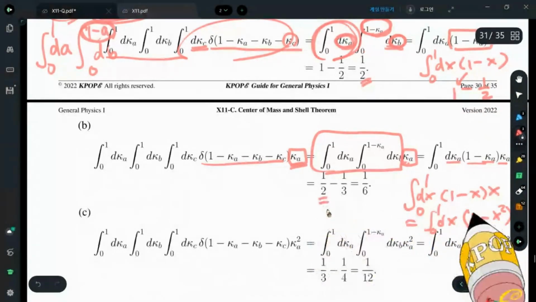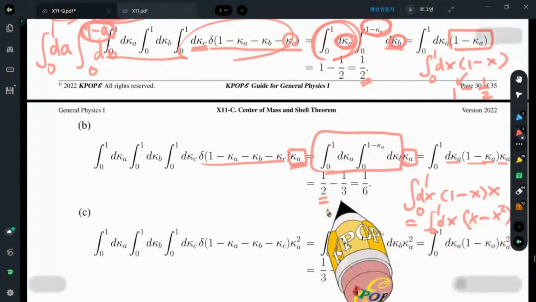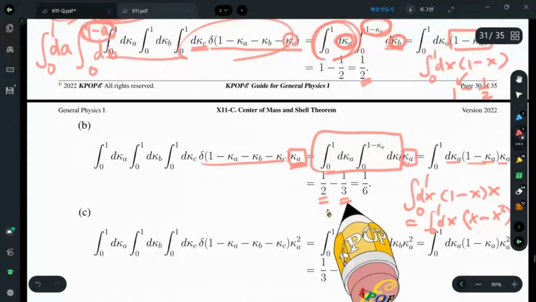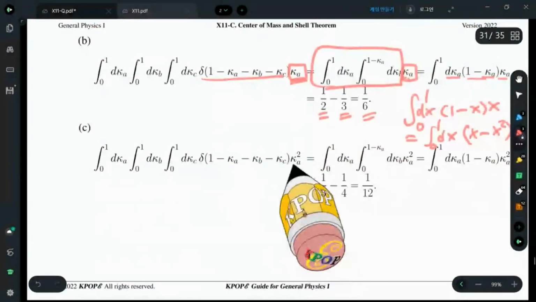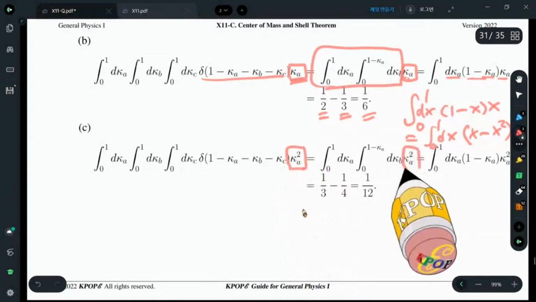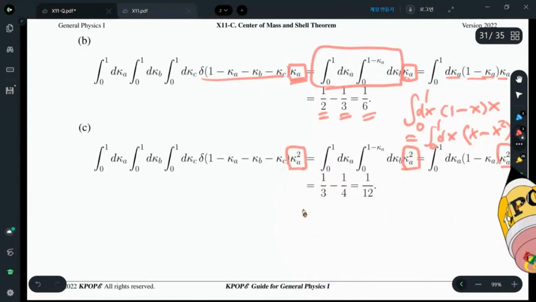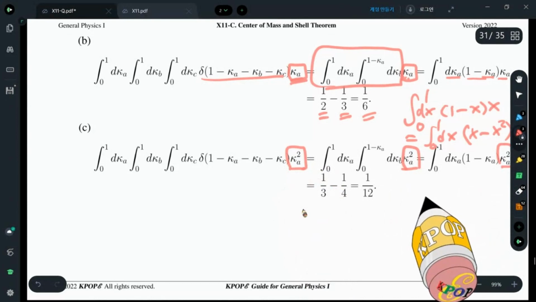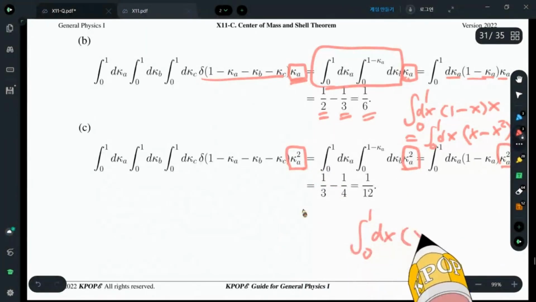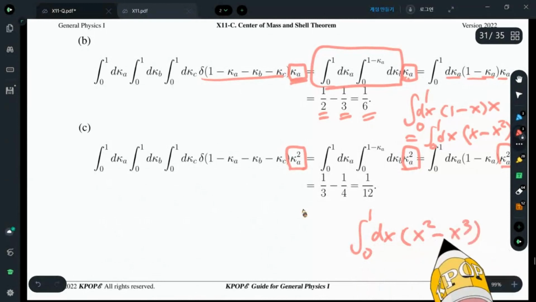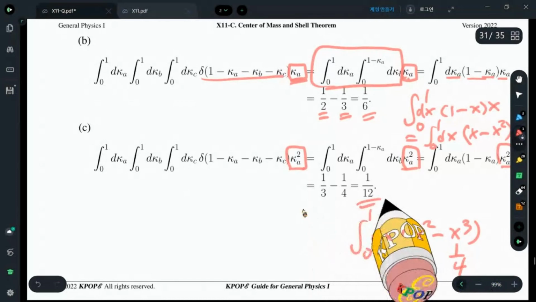That is, the x integral is 1/2, the x squared integral is 1/3. That is 1/6. A similar integral can be evaluated in a similar manner, and this one is the integral from 0 to 1 of dx, x squared minus x cubed, that is 1/3, and this is 1/4. So this is 1/12.